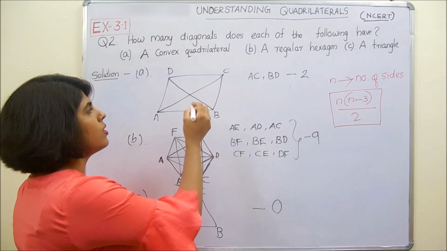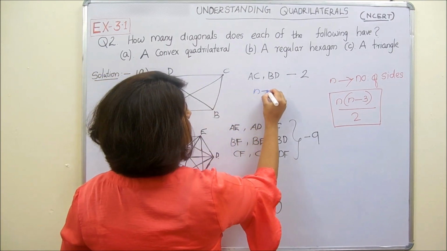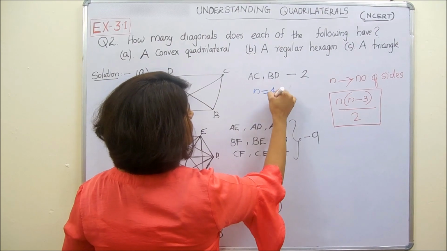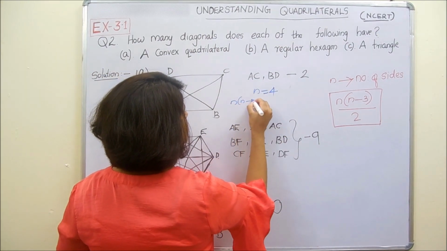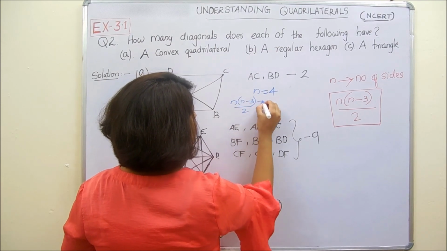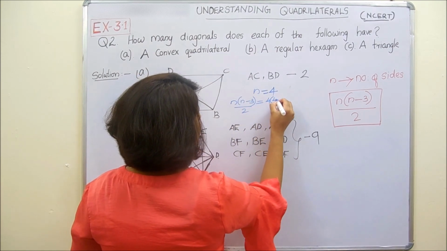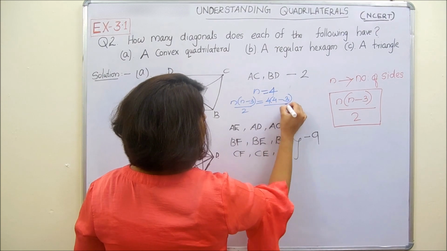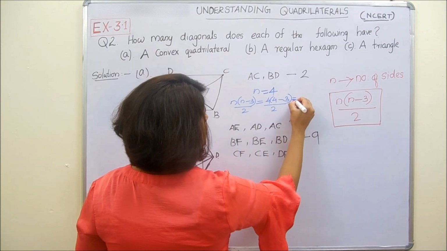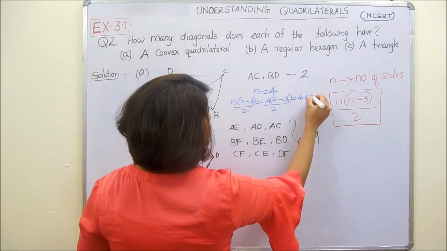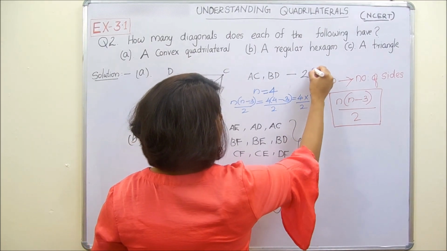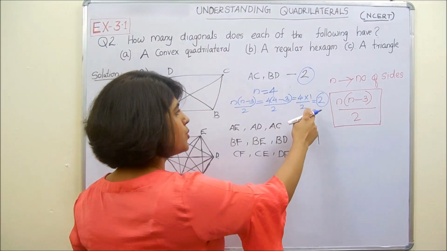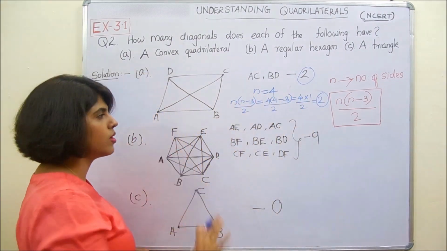In a quadrilateral, the number of sides is 4. So n(n minus 3)/2 equals 4 into (4 minus 3) divided by 2. 4 into 1 divided by 2 is 2. We got 2. There are 2 diagonals for a convex quadrilateral.